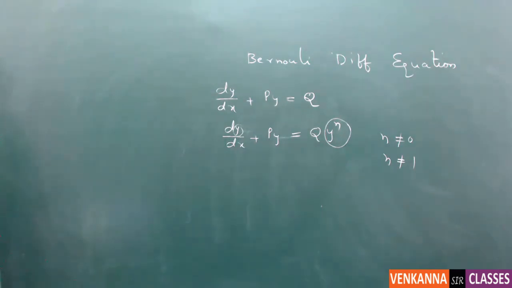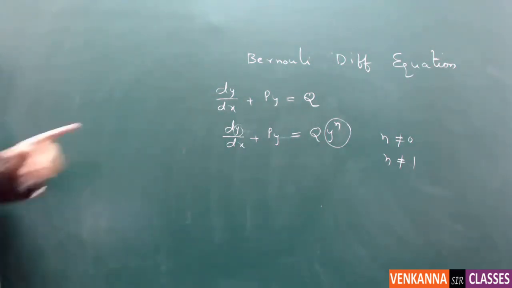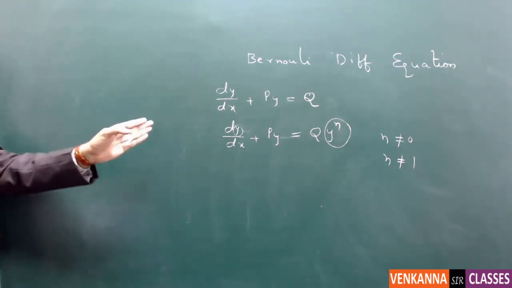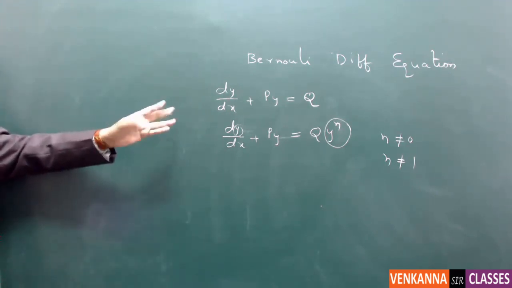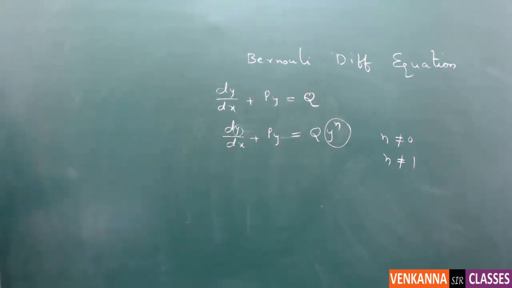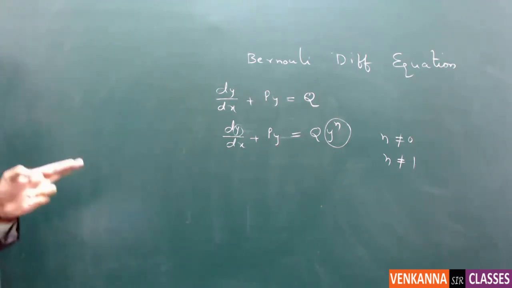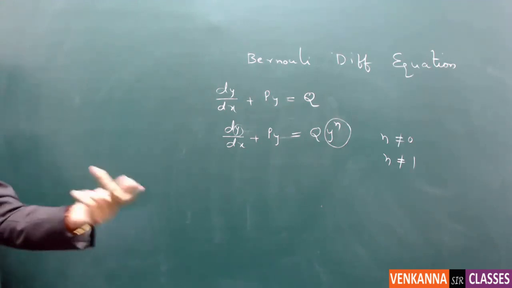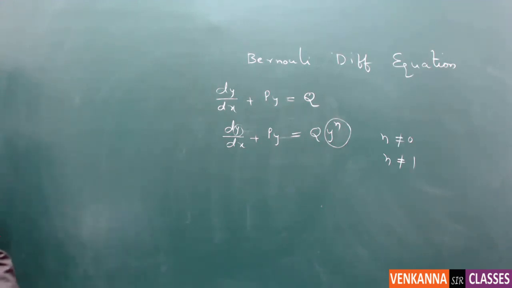If n is 0, it is nothing but linear. If n equals 1, you convert it into variable separable form and integrate that. Generally n will be a number greater than 1, like y square, y cube, etc.